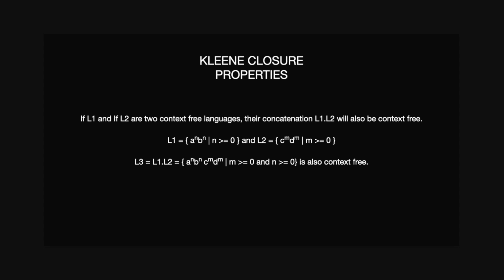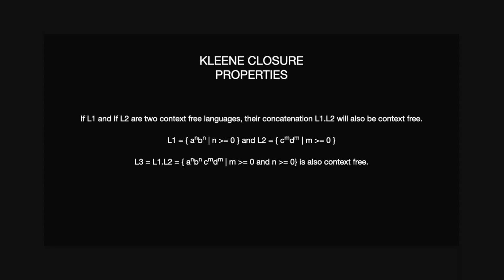Let's consider language L1 equal to a^n b^n, n greater than or equal to 0, and L2 equal to c^m d^m, m greater than or equal to 0. Let's consider another language L3, which is the concatenation of L1 and L2. So L3 must be equal to a^n b^n c^m d^m, where m and n are greater than or equal to 0.